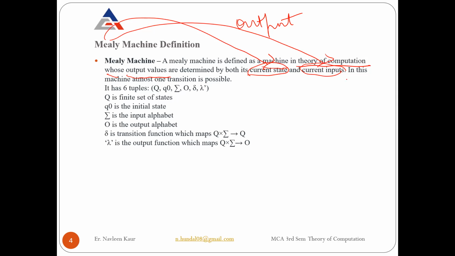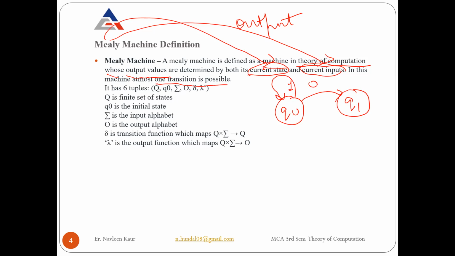Okay, in case of these machines, at maximum there is one transition at a time. One transition at a time means if you have Q naught and you are giving it 0 as an input, there is only one transition. It means it will go to only one state. If you give it 1, maybe it comes back to Q naught. Only one possibility.